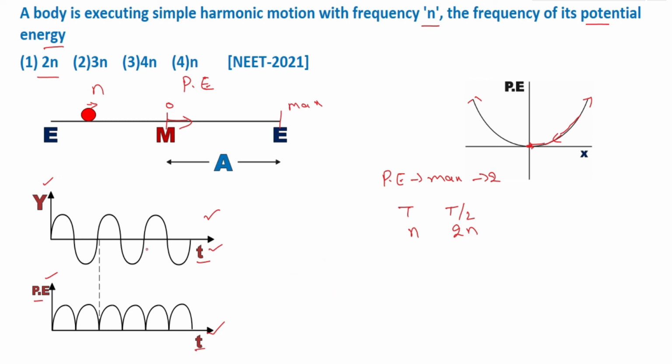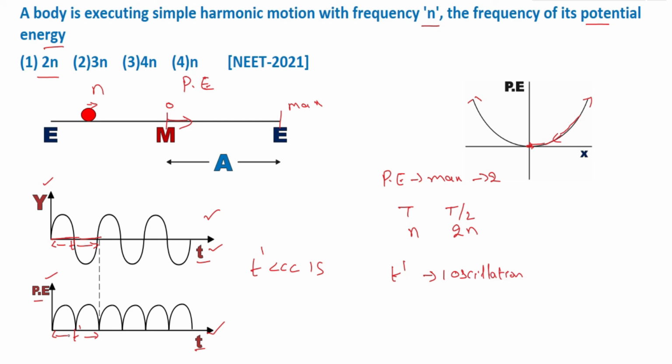Now let me consider a time t dash, which is far less than 1 second. Within the time t dash, the particle is undergoing one oscillation.